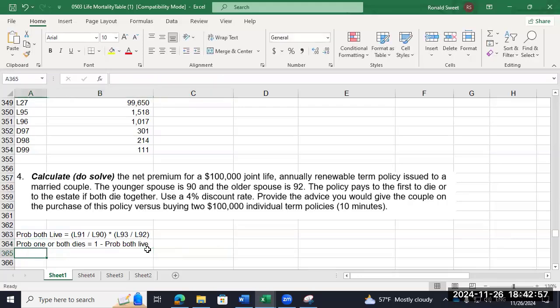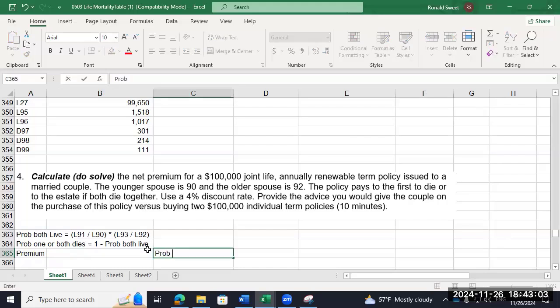So the premium is going to be the probability one or both dies times 100,000 divided by 1.04. See how simple this formula is? It really is. We don't need the L in the denominator because we already did that when we calculated the probabilities.